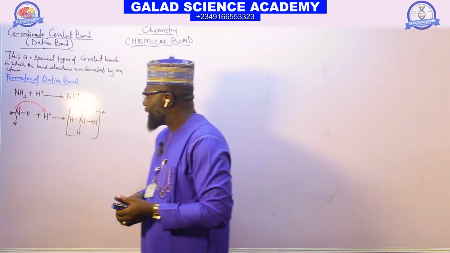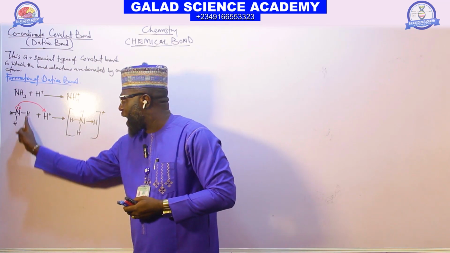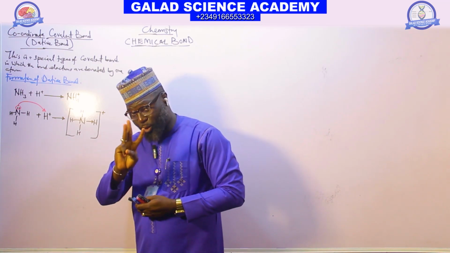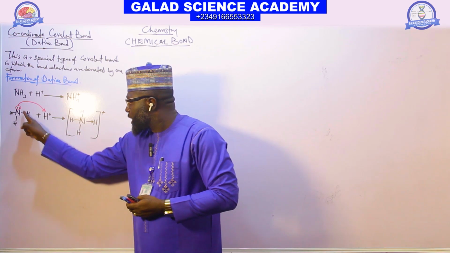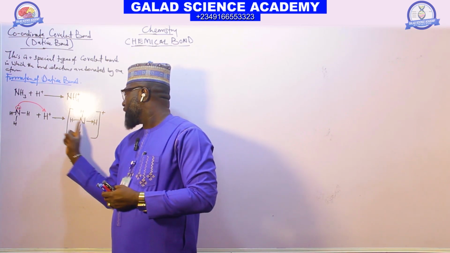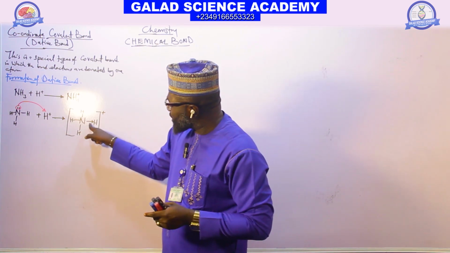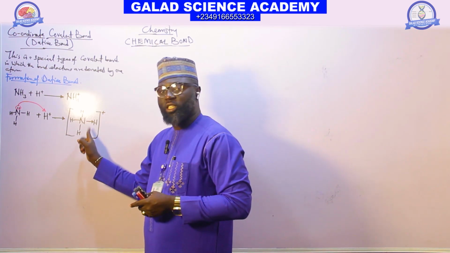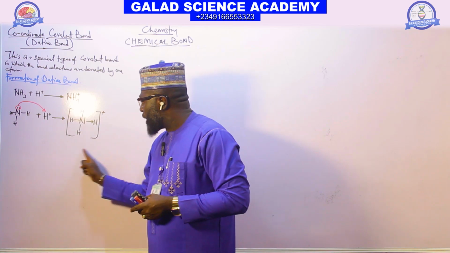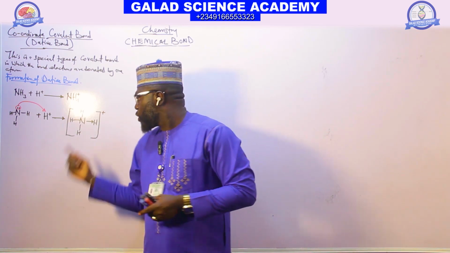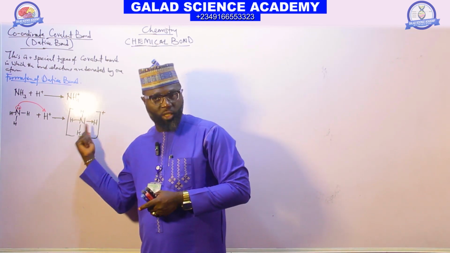This tells you that in this ammonia, before, we had 3 covalent bonds. This one with this hydrogen is dative. We use a straight line with an arrow to denote a dative bond. So in the ammonium ion, we have 3 covalent bonds and 1 dative bond.